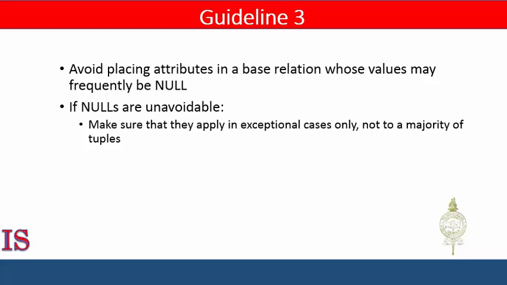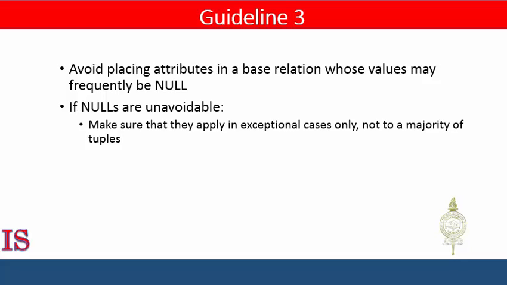If nulls are unavoidable, make sure that they apply to exceptional cases only and do not apply to the majority of the tuples in the relation. Using space efficiently and avoiding joins with null values are the two overriding criteria that determine whether to include the columns that may have nulls in a relation or to have a separate relation for those columns with the appropriate key columns.